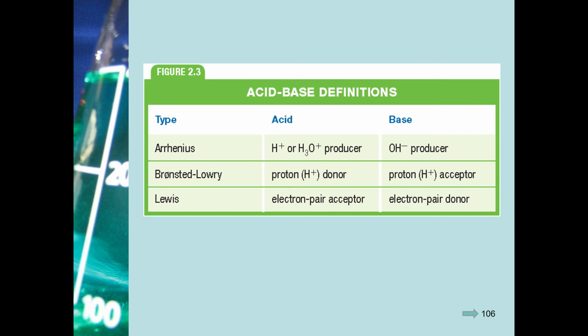So let's compare these three different definitions. In Arrhenius, it was an acid if it produced a hydrogen ion, or combined with water, because Arrhenius said it had to happen in water, and formed a hydronium ion. An acid was something that produced those, and a base was something that produces hydroxide ions.